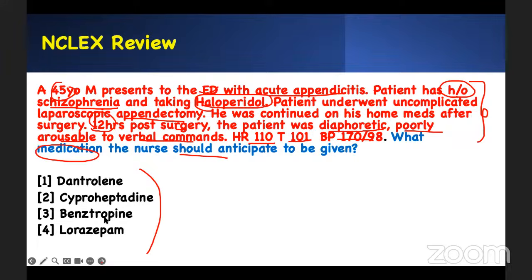But try and figure out what the patient is suffering from. And if you can't figure it out, look at the answers that I've given you, take each one and see if it's consistent with the problem.